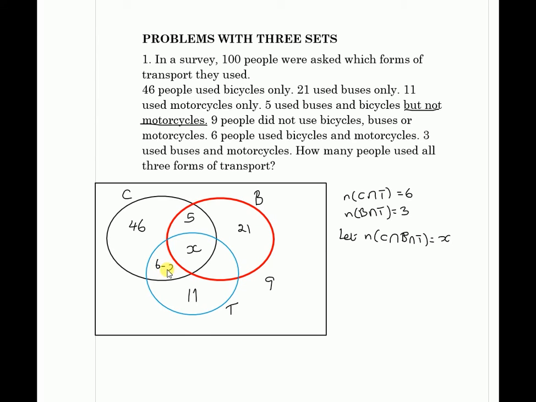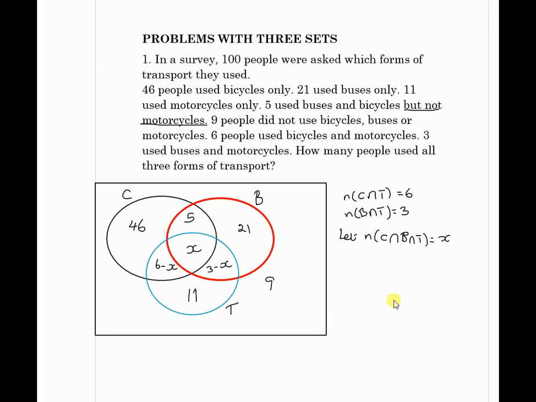So this one should be 6 minus X, while this one is 3 minus X. If this one is X, I should have this one as 6 minus X, such that when I add everything there, I get the 6. The same applies to the intersection of buses and motorcycles. 3 used the buses and motorcycles. They didn't say but not bicycles, so we don't just put it there.